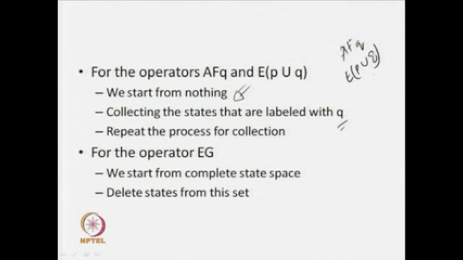We know that if a particular state has Q true, then AFQ is true, and in this particular state if Q is true, then E P until Q is true. Okay. So, we are collecting those particular states where Q is true. That means we are starting with a minimal set of states where the formula AFQ and EFQ is true. After that, we repeat our process.